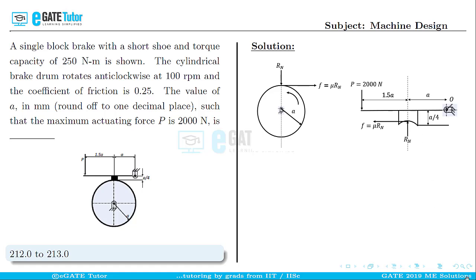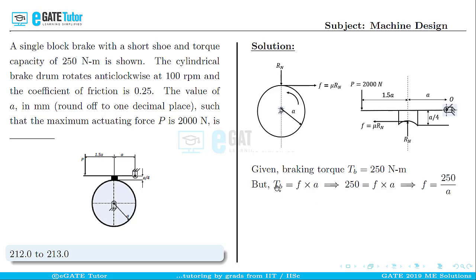Now, it is also given in the question that the maximum torque capacity is 250 Newton meter. So that can be taken as the braking torque, TB equal to 250 Newton meter. We know that braking torque can be written as force multiplied by radius.